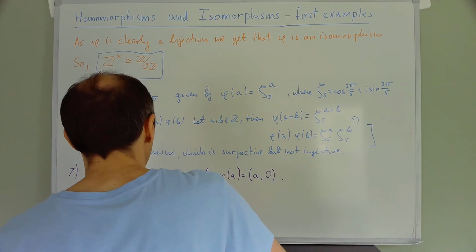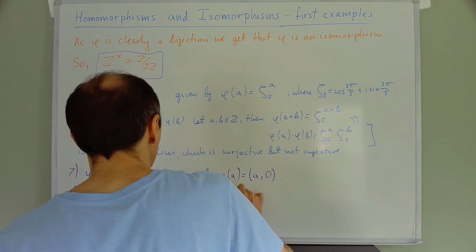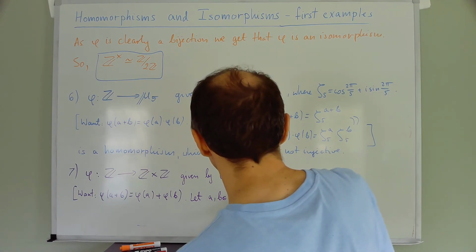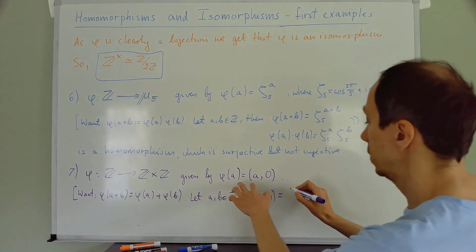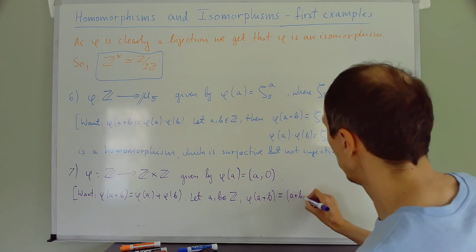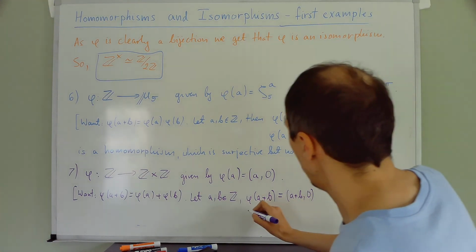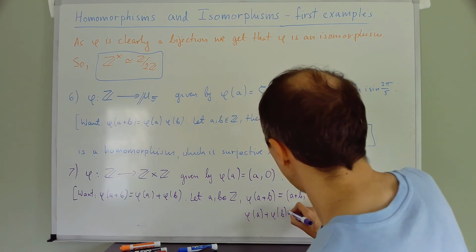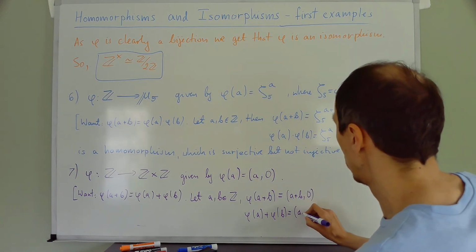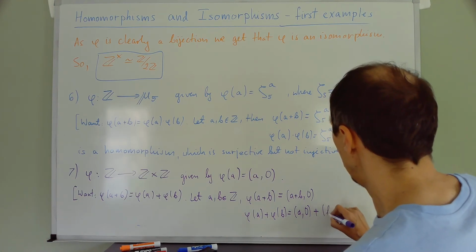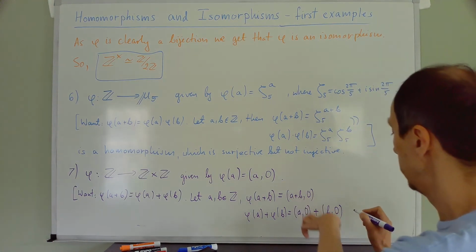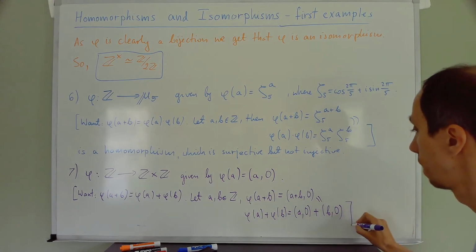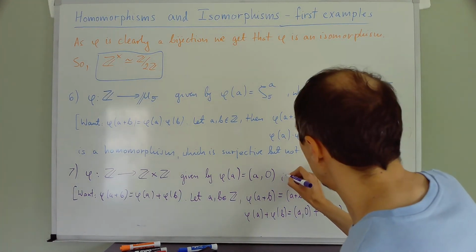So let A and B be in Z. Phi of A plus B, by definition of this map, is A plus B comma 0, while phi of A plus phi of B, what is this? Phi of A is A comma 0, and phi of B is B comma 0. Are they the same thing? Yep, that's how you define addition in Z cross Z. Is a homomorphism.